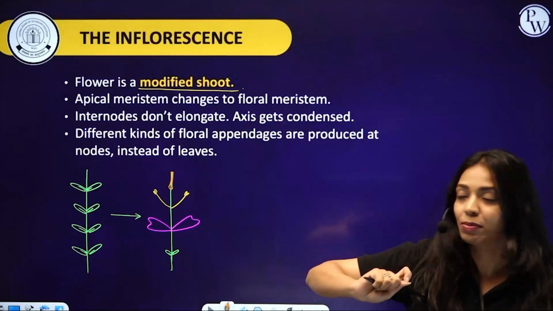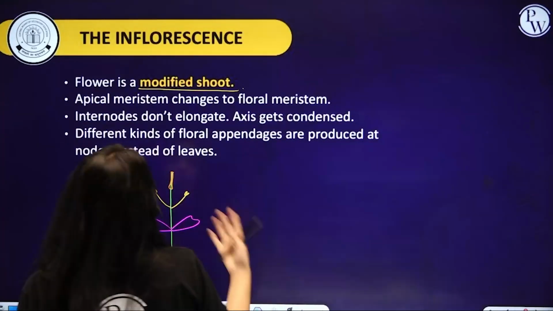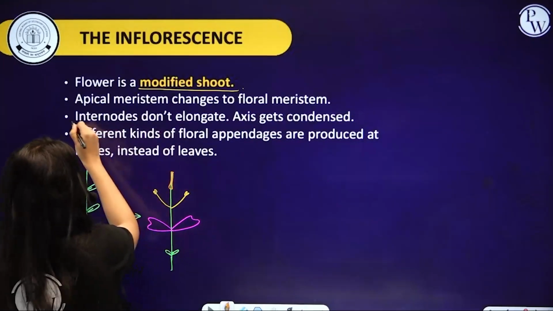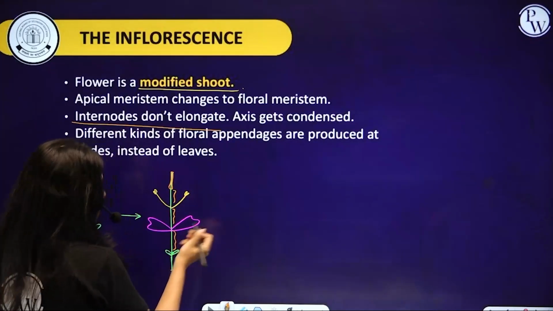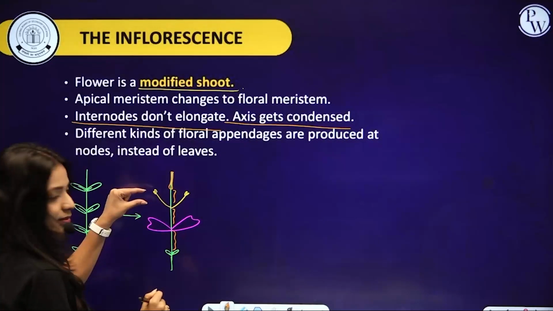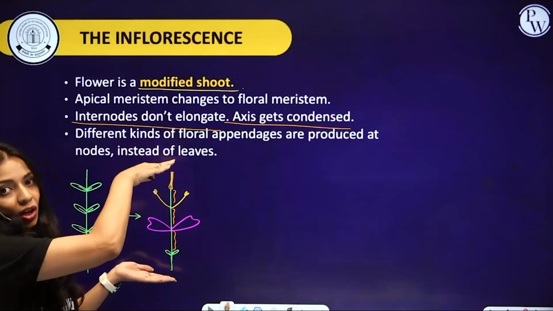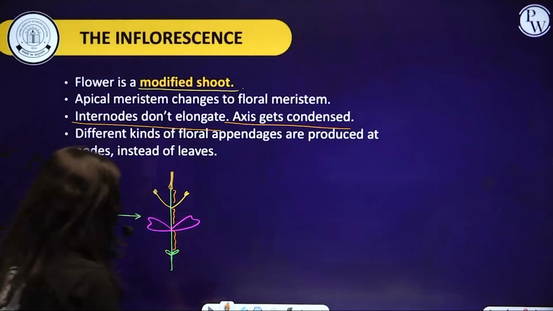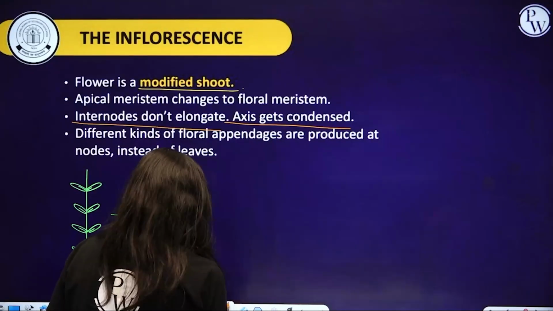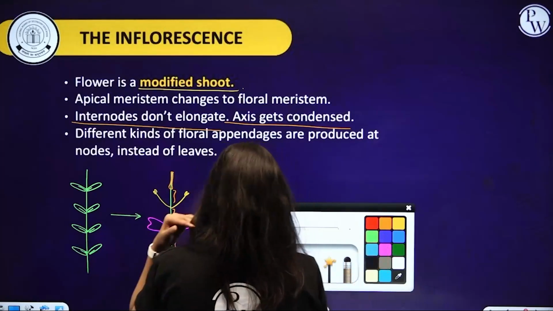Over here, one thing we must understand is that whenever a flower is forming, the internodes do not elongate. You do not see such long internodes because the axis gets condensed. Because the internodes are not very long and the axis gets condensed or compressed, you will see that the flower will look like this.